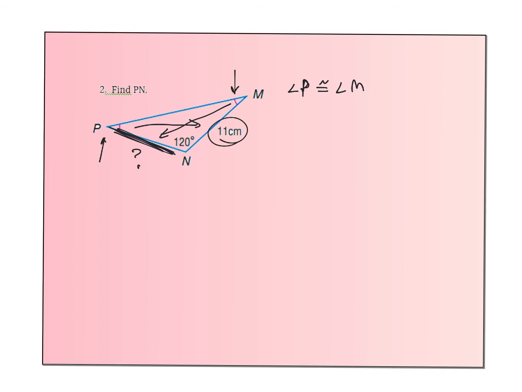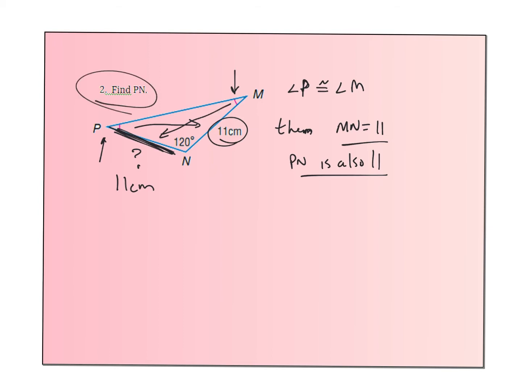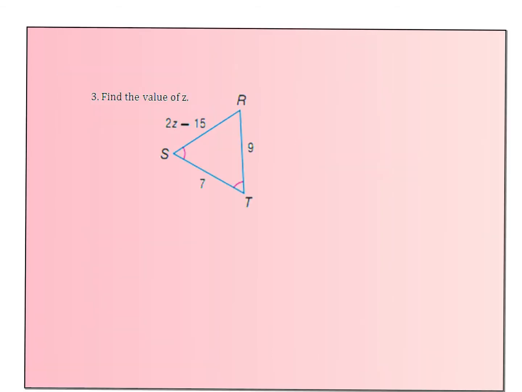Well, if MN is 11, PN is also 11. Pretty straightforward idea. If you have an isosceles triangle, this is one of those properties you want to play around with and make sure you understand.